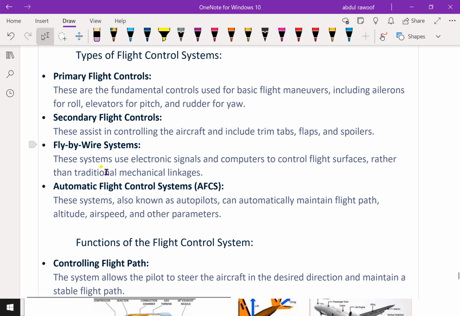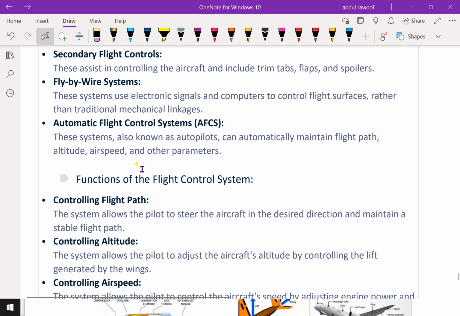Fly-by-wire system. These systems use electronic signals and computers to control flight surfaces rather than traditional mechanical linkages. Automatic Flight Control System, AFCS. These systems, also known as autopilots, can automatically maintain flight path, attitude, airspeed, and other parameters.